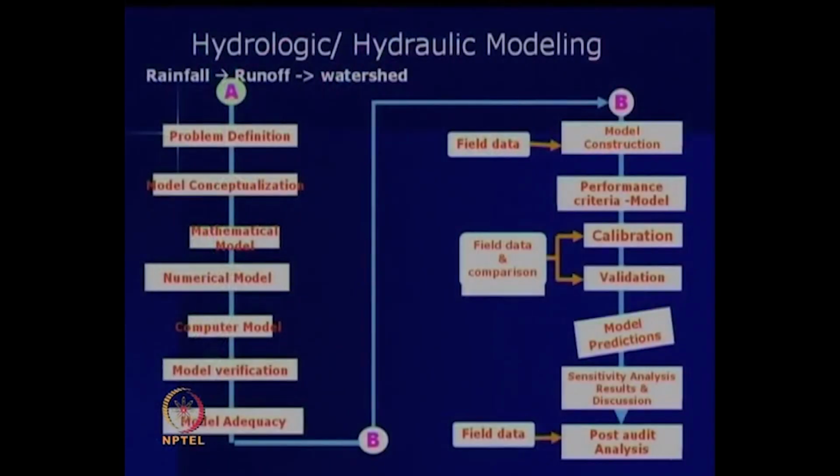The next step: as I mentioned, with the mathematical model most of the time we have to solve complex partial differential equations, and we do not have analytical solutions most of the time. So, we have to go for numerical modeling. Numerical modeling means we choose a particular numerical technique to solve these partial differential equations like the Saint-Venant equations.